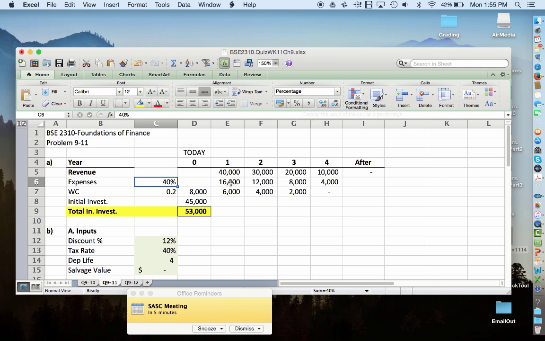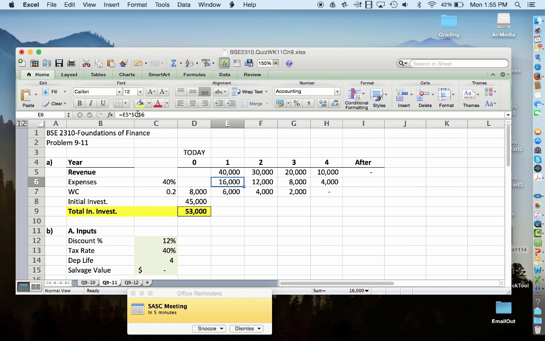And then I have that same formula, 40% times $30,000. I do that for all 4 years. So this gives me the expenses for each year, years 1 through 4. So I have that piece handled.